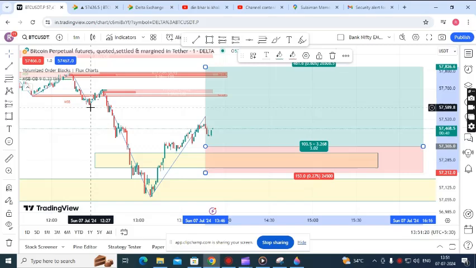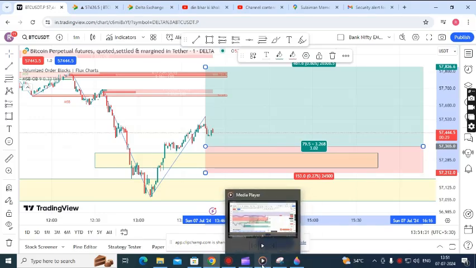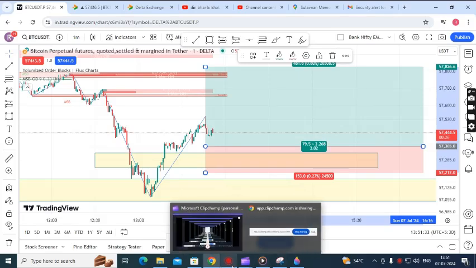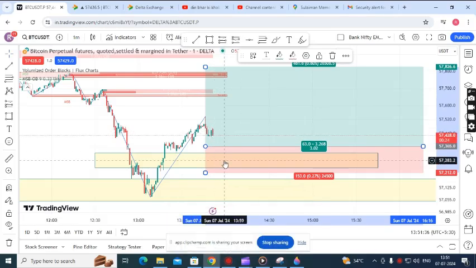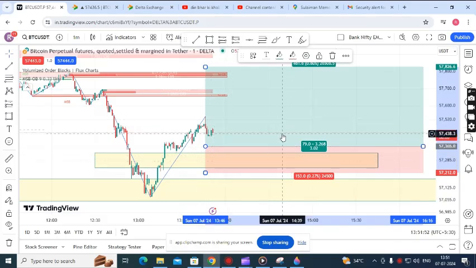So the plan now is, once it comes here, once it touches this position and makes a green candle up to this position, we will enter into the trade. But it seems it has taken a slight turn from here.